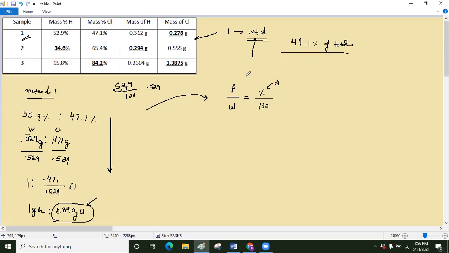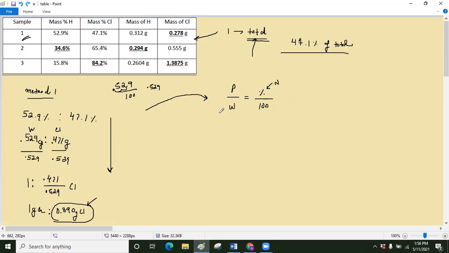You can use both interchangeably. In this case, I use whole. So this is the proportion that you have here. And you can solve for the whole by working through this proportion, or you could solve for the part, and you'll see later on why, we're going to use all three in different cases. In this case, we want to solve for the whole because we know that in the context of this question, 47.1% of that whole is going to be your chlorine.